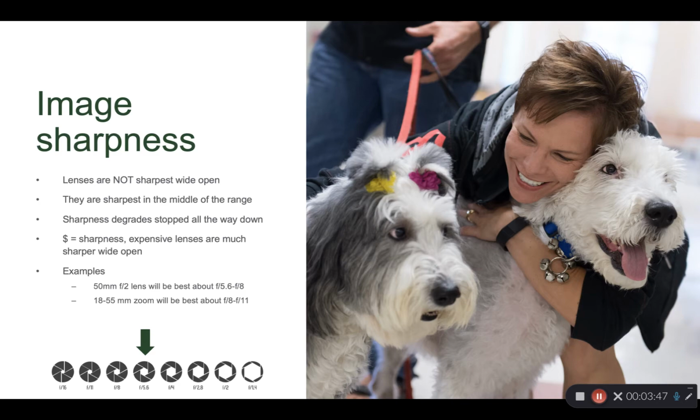It also affects your image sharpness. Most lenses are not at their sharpest optically when they are wide open, whatever that wide open is. They're sharpest in the middle of the range, and then it degrades again when you stop it all the way down. You want to work in the middle of the range unless you have a creative reason not to. More money gives you more sharpness, and expensive lenses are much sharper wide open.